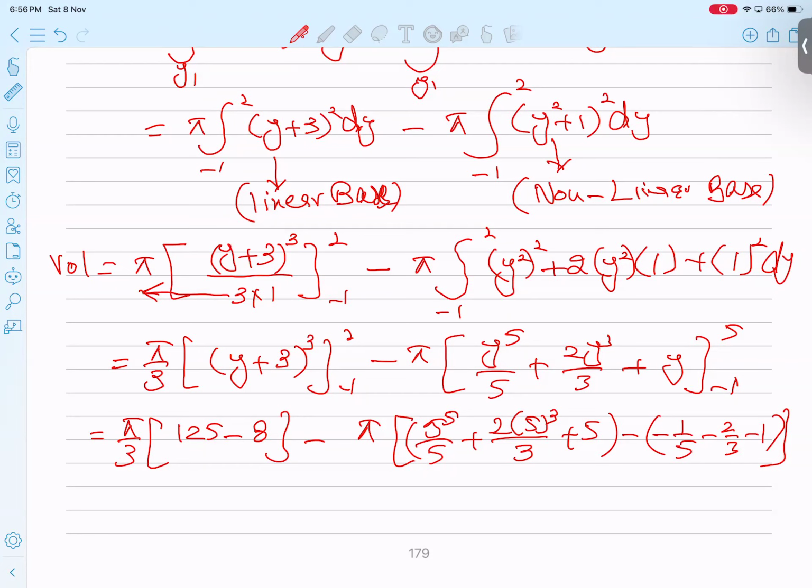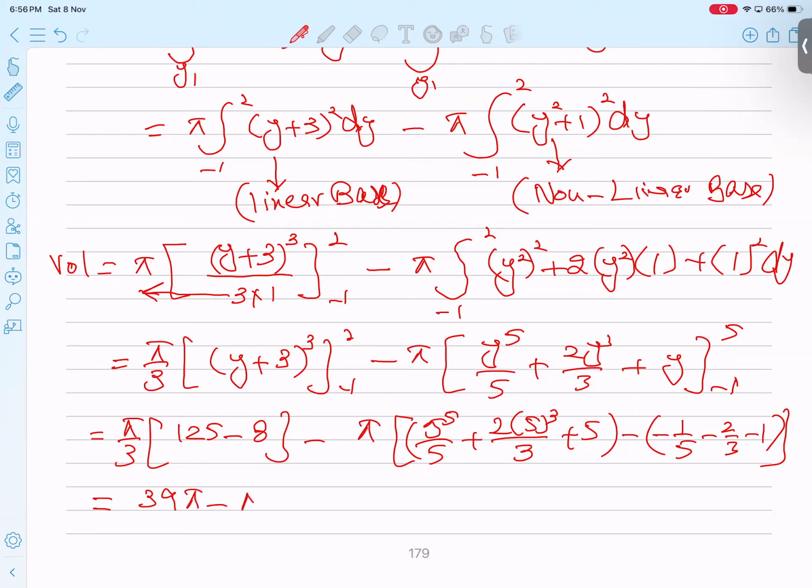Yes, correct. 5 to the power 3 is 125, divided by 3. Okay. So we have done 125 minus 8, divided by 3. So this comes to 39. I repeat, 125 minus 8, divided by 3. I get 39 pi.